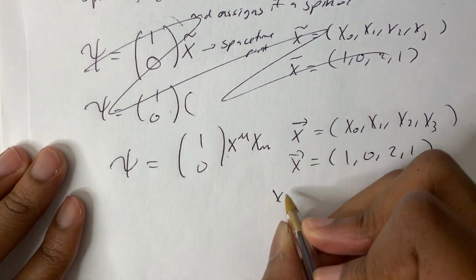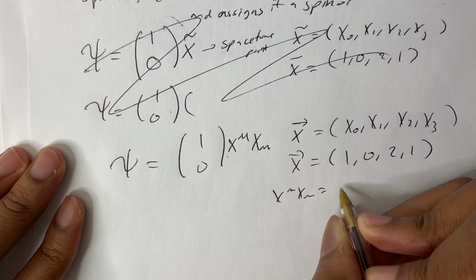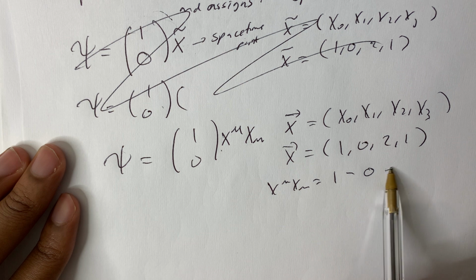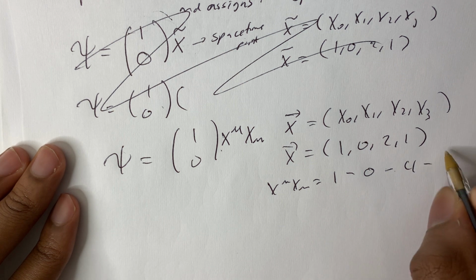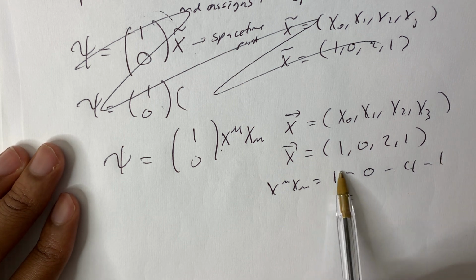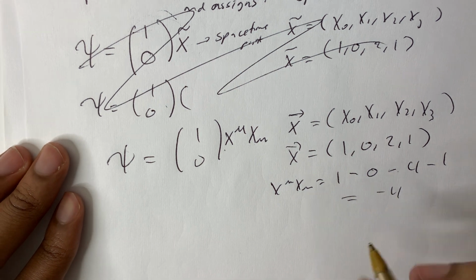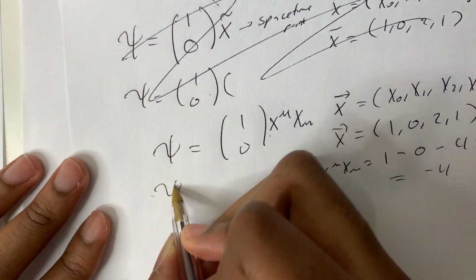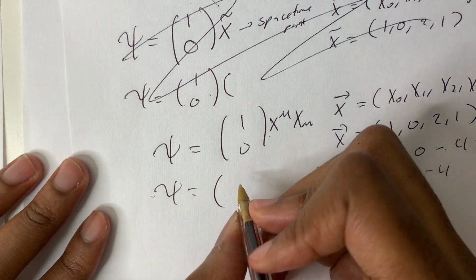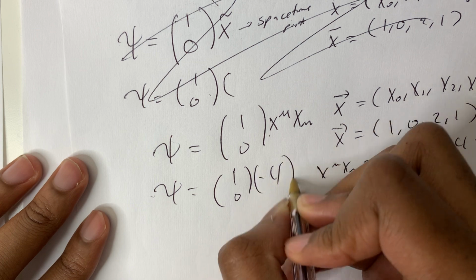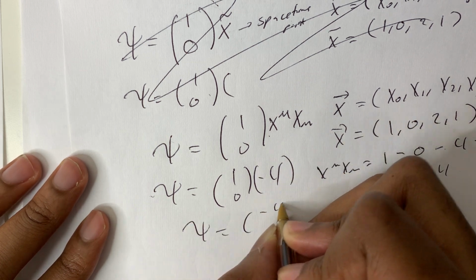This means x_mu would be 1 minus 0 minus 4 minus 1, which is 1 minus 4 is minus 3, minus 1 is minus 4. Our spinor is now (1, 0) times minus 4, which is (minus 4, 0).